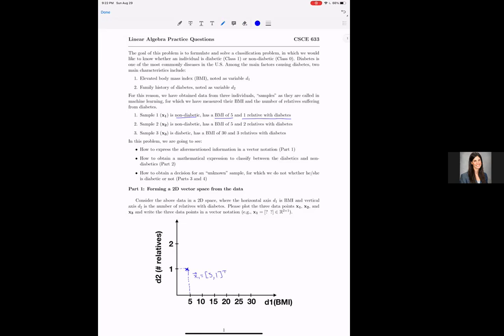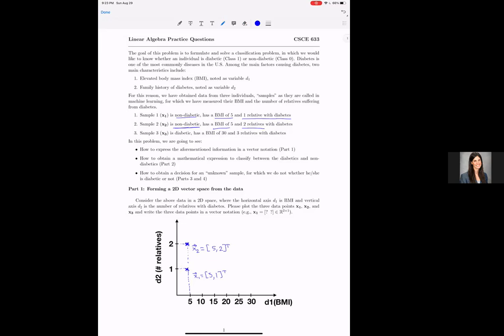Similarly, for sample X2, the BMI is 5, and this person has 2 relatives with diabetes. Therefore, I go here and I plot another sample. Again, this sample is non-diabetic. Therefore, I preserve my notation with X for sample X2, whose vector is equal to 5, 2.